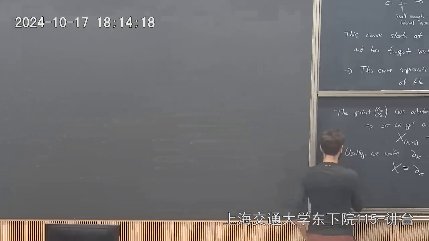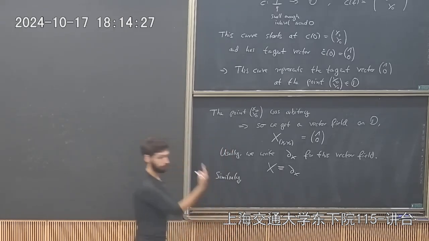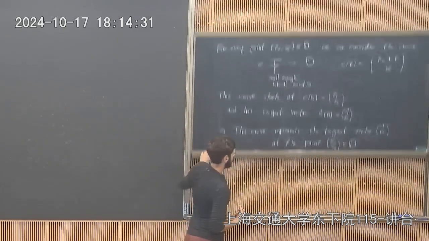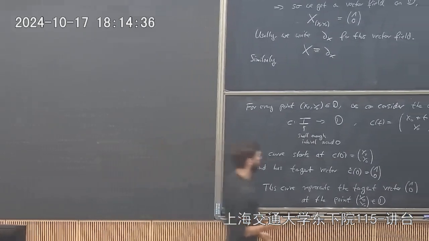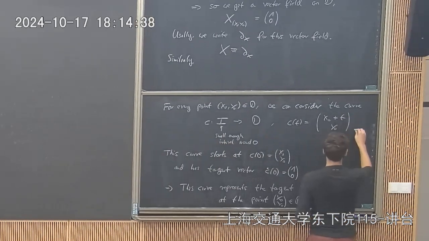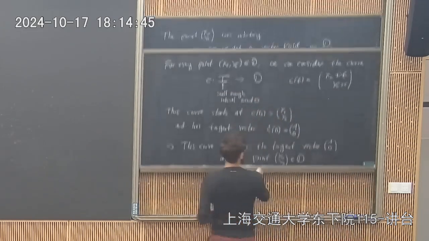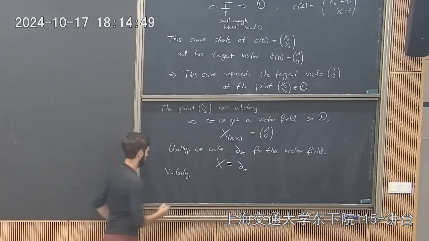And of course, we can do a similar trick. We can take the vector field that points always in the y direction by writing t in the second slot instead of the first. And then we get a second vector field which points in the y direction.